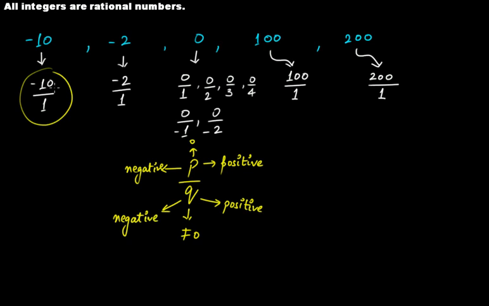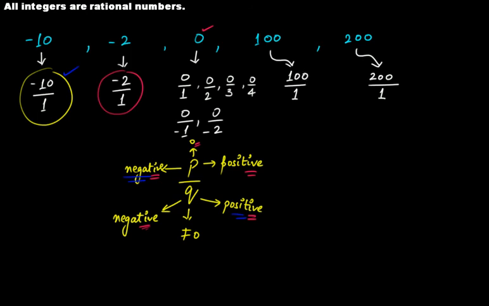So in this case, minus 10 is negative and 1 is positive, so yes, this is a rational number. In this case, minus 2 is negative, 1 is positive, so yes, this is a rational number. In this case, 0, yes, p is equal to 0. The rest, if you take, are either positive or negative, right? So yes, this satisfies this condition. Therefore, 0 is also an integer, but we can say it's a rational number.